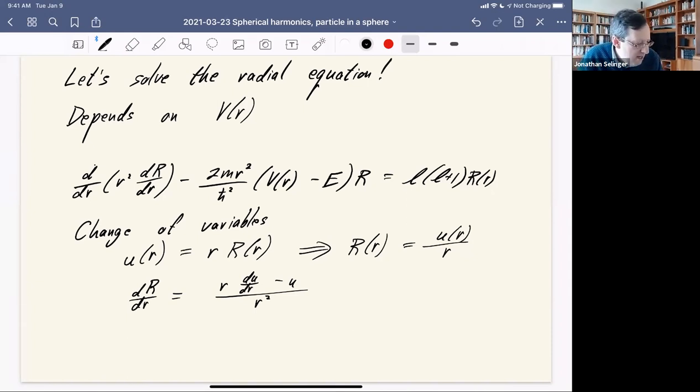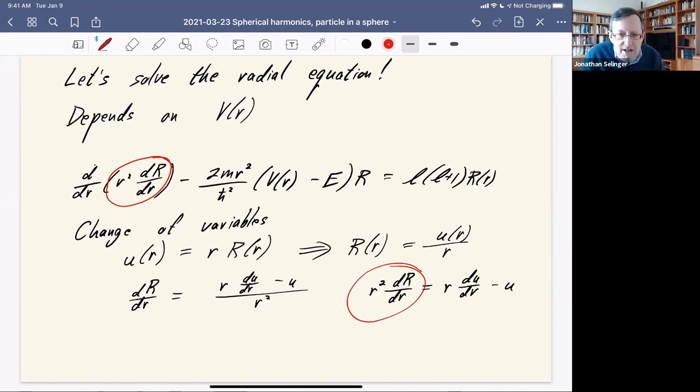And then that means that r squared times the derivative of capital R with respect to little r is r du dr minus u. And then people say, oh, look, that's what's right here.